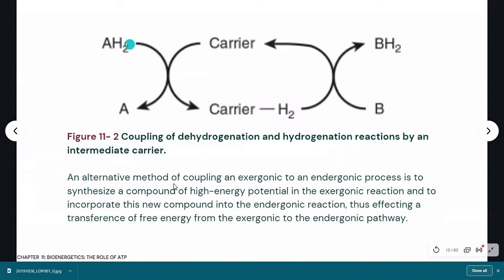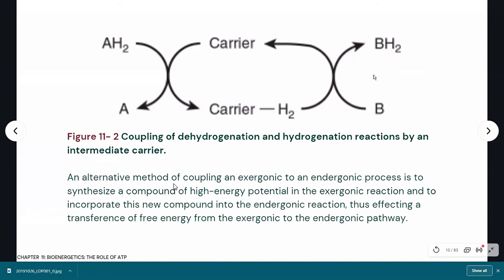So compound A, which is reduced, now becomes compound A oxidized. So oxidation means loss of the hydrogen here. Diba? And the gain of hydrogen makes compound B, which is oxidized, now become reduced compound B. Okay?